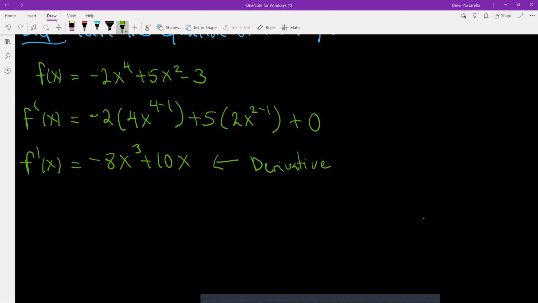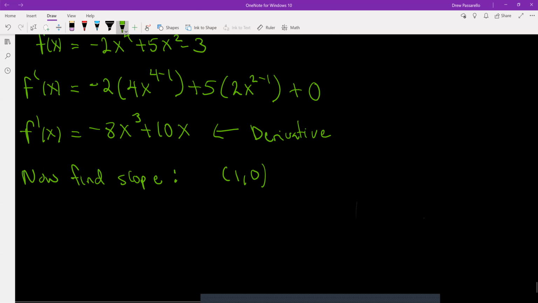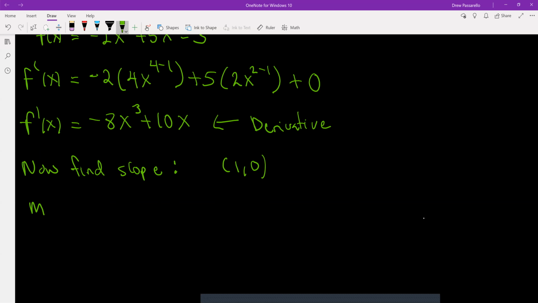So I need to find the slope. And the given point was (1, 0). So I find the slope m by plugging in the x-coordinate of the given point, and the x-coordinate's 1. All right, so I use the x-coordinate because my derivative only involves the variable x.